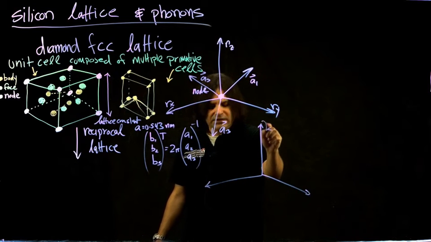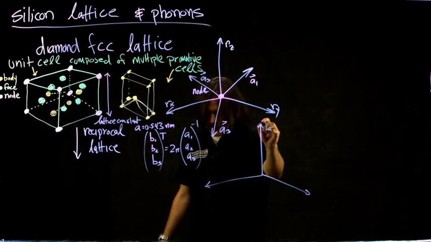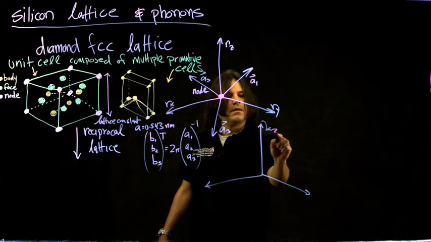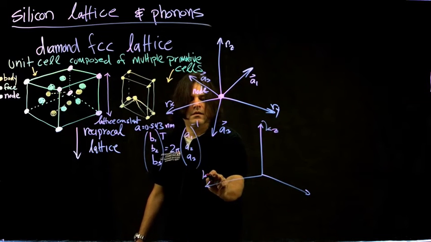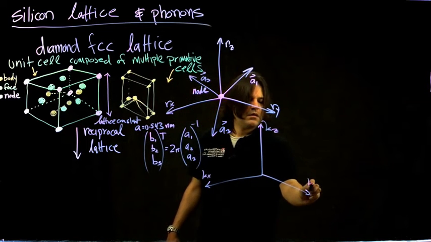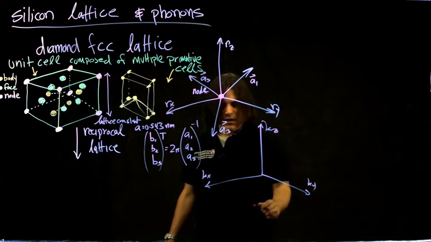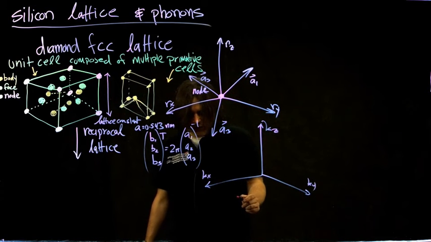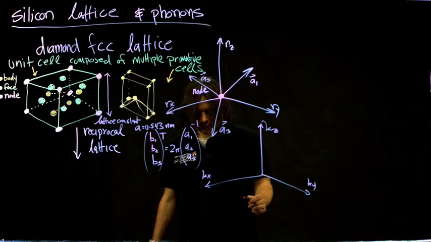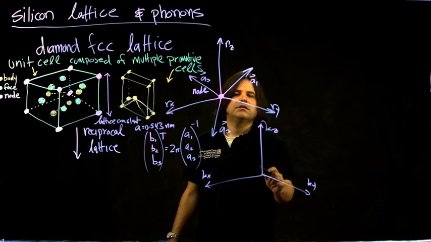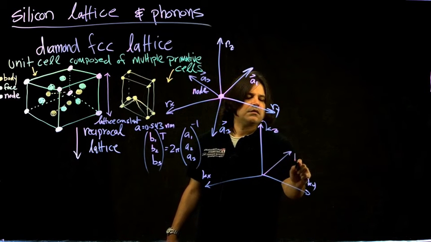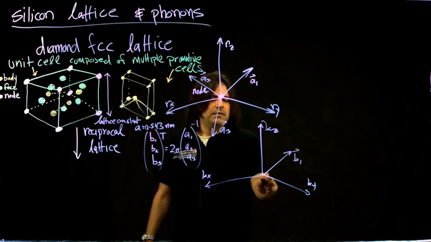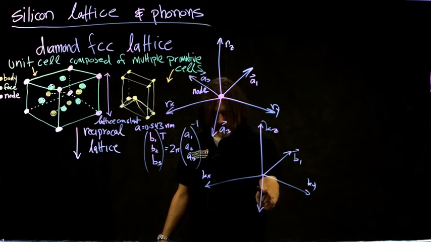So call it KZ, and then the lattice vectors look something like this. The coordinates don't look too different.